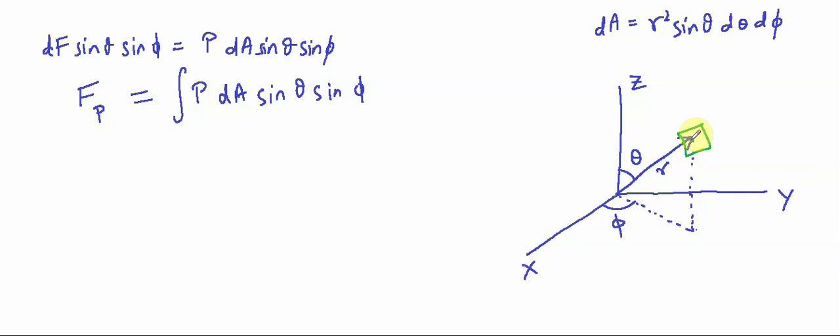Now how do we find the area of this patch? Let me draw this patch over here. This is a three-dimensional patch of a sphere. So the area of this patch is equal to this length multiplied by this length.